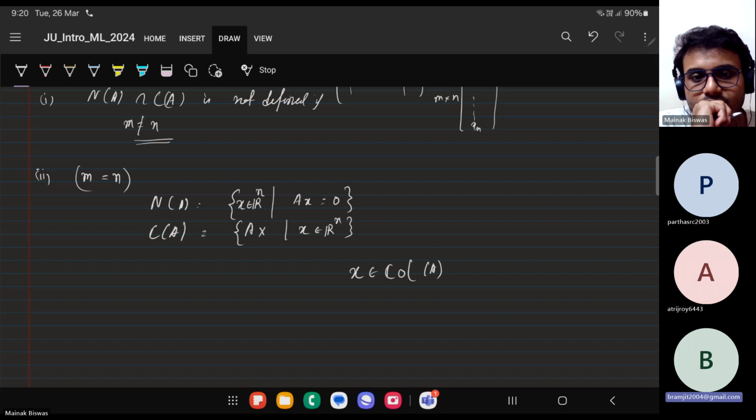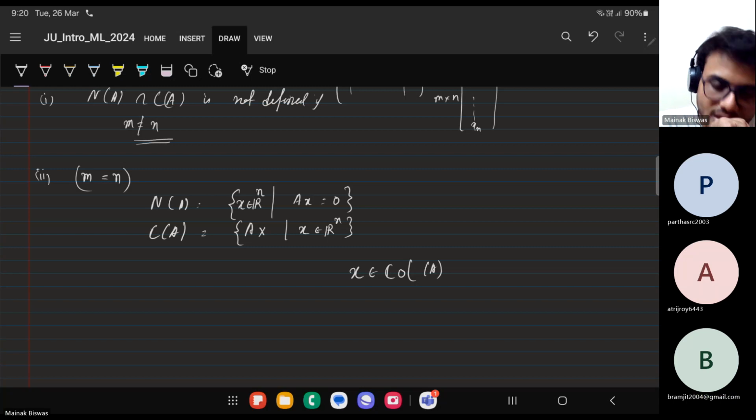When we are writing column space, what we mean is Ax equals B. All the B's are part of the column space. So say for the null space, Ax equals 0. All the X's are a part of the null space, where Ax is equal to 0.